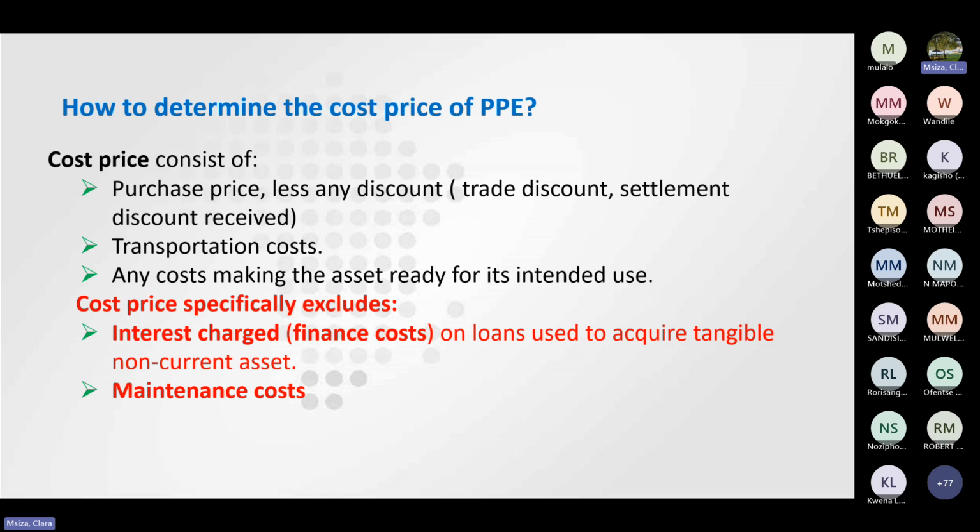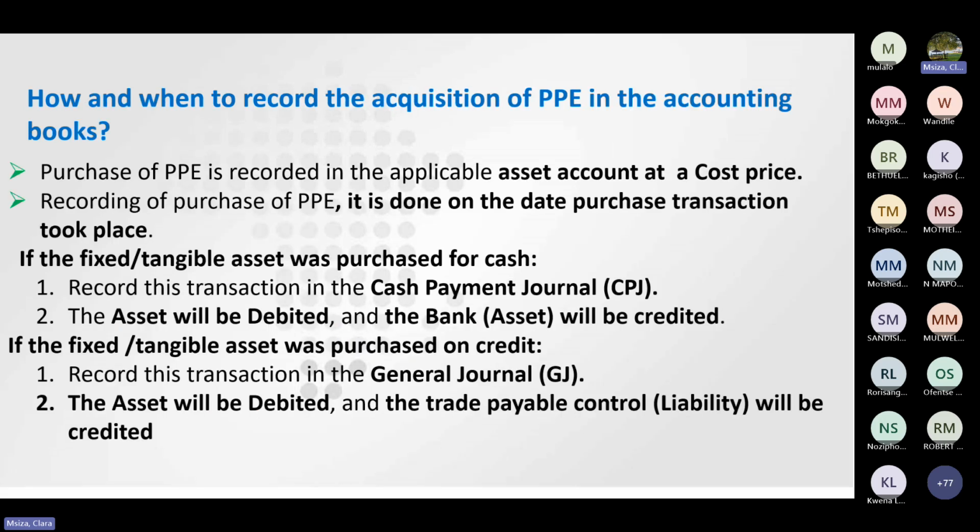So if, when buying that truck for the company, they are charging you 12% per month, that 12% per month interest, you're not going to capitalize it. You're not going to add it to the purchase price, but you will record it as a finance cost on the loan. I hope you understand. Maintenance cost, you're also not going to include as part of your purchase price. You'll only expense this cost.